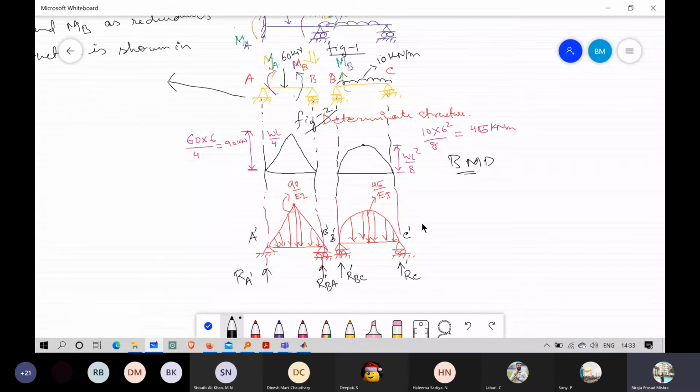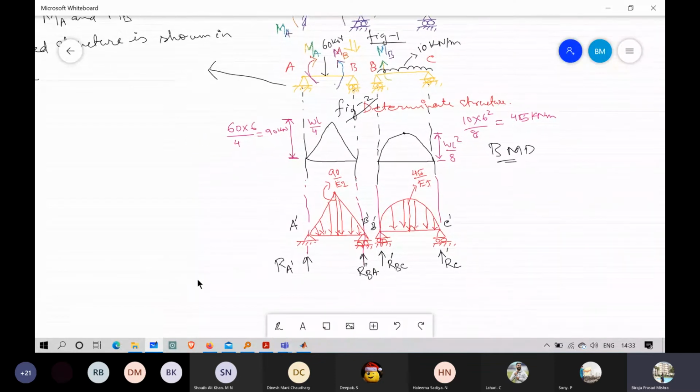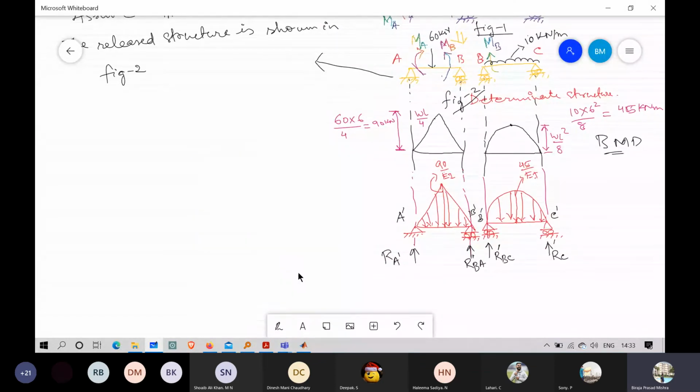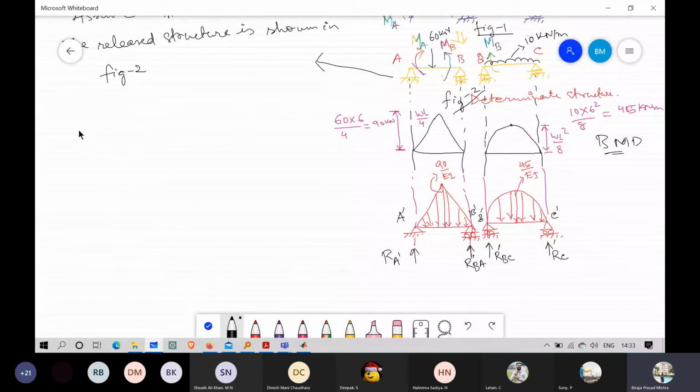So next, I'll tell you what to do in the next step. In step 2, we will calculate the displacement vector, or displacement matrix as we also call it.